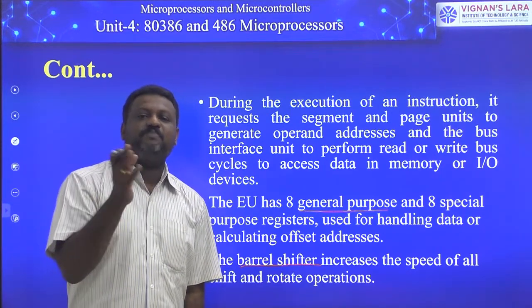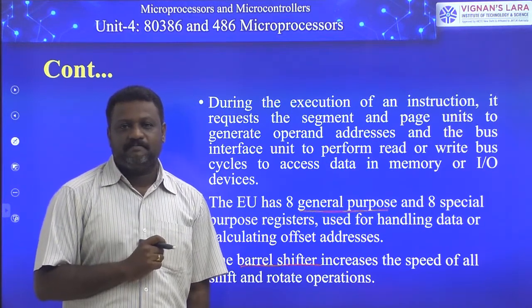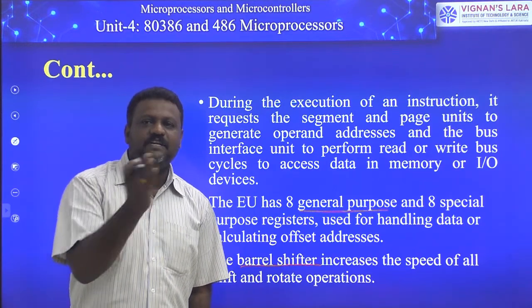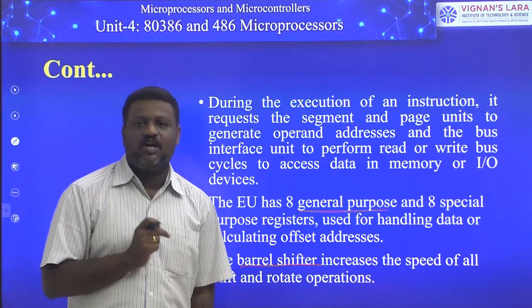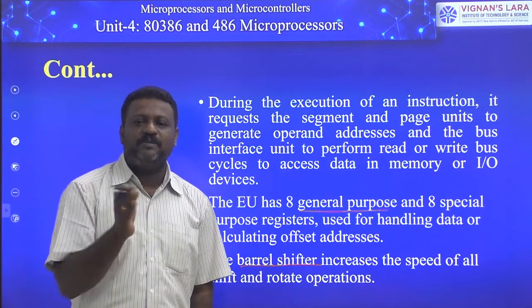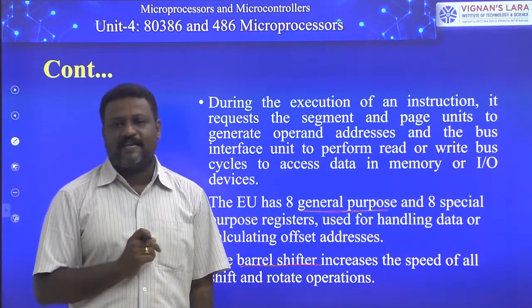It can shift the input data n number of times in a single clock cycle. I repeat my statement. What can a barrel shifter do? It can shift the input values n number of times in a single clock cycle. But if you go for a normal shifter, in order to shift your input data by 1 bit position either to the left or right side, it takes 1 clock cycle.